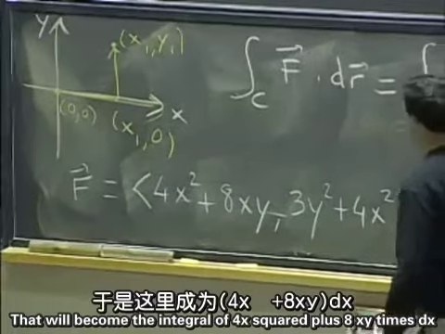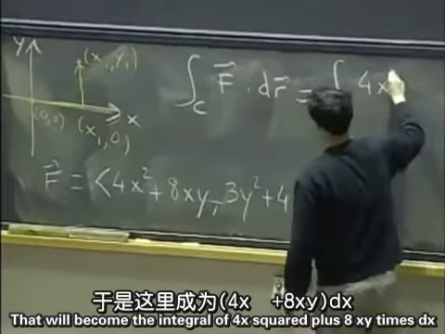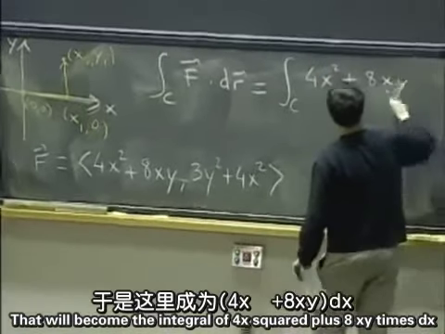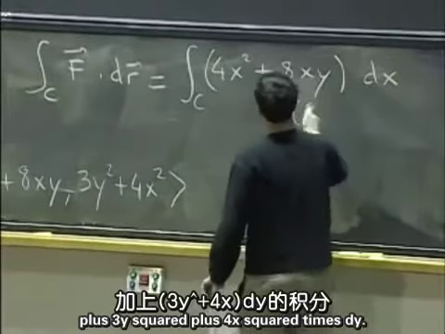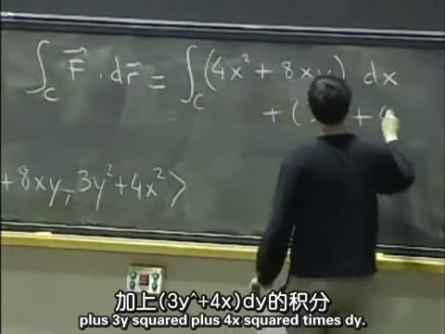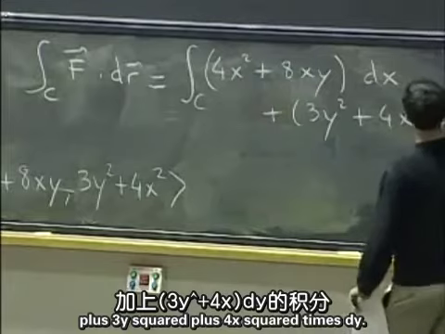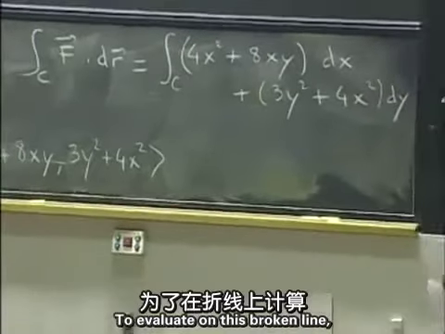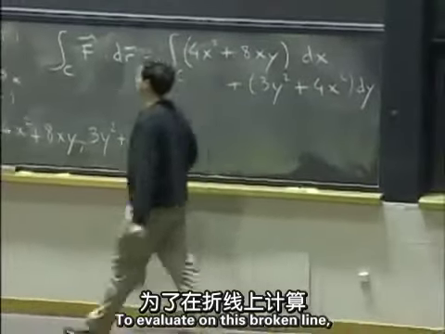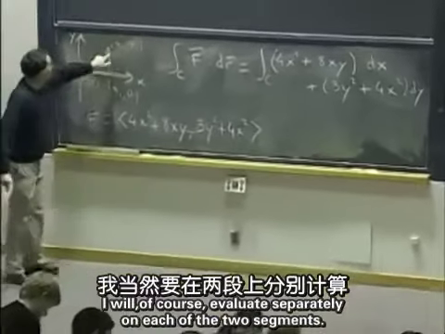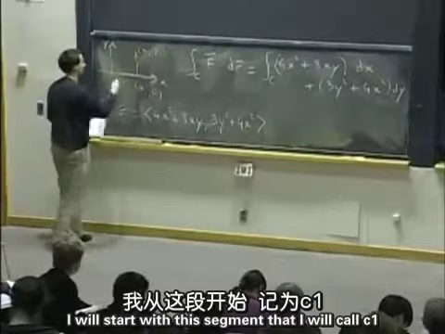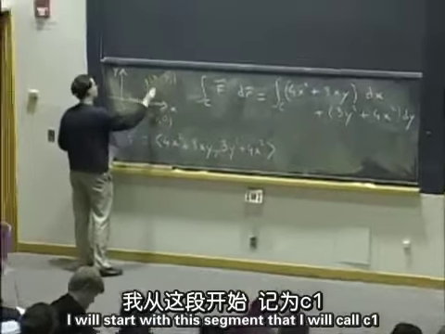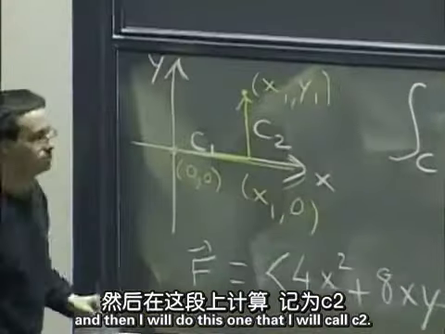So that will become the integral of (4x squared plus 8xy) dx plus (3y squared plus 4x squared) dy. Now, to evaluate on this broken line, I will, of course, evaluate separately on each of the two segments. So I'll start with this segment that I will call C1, and then I will do this one that I call C2.